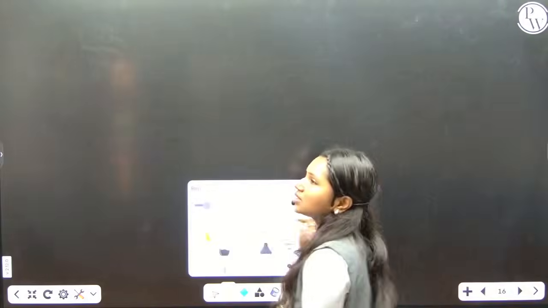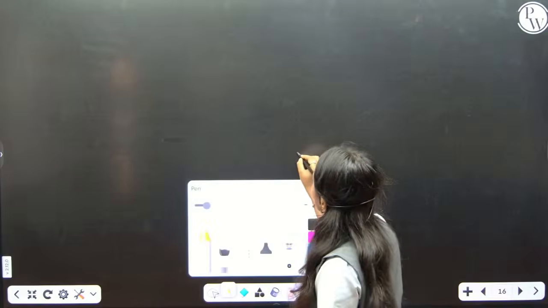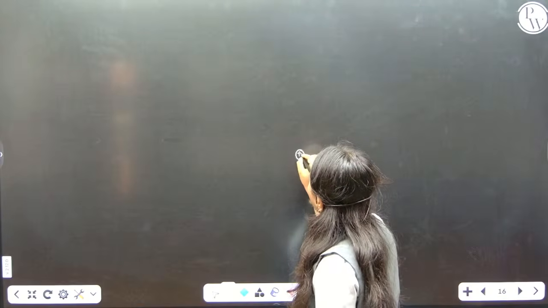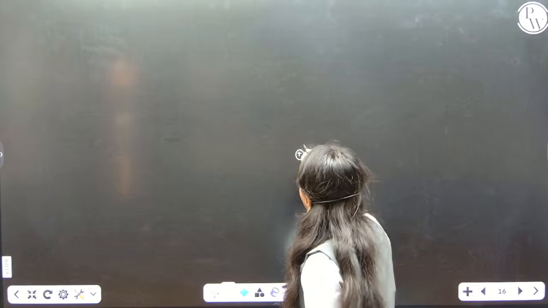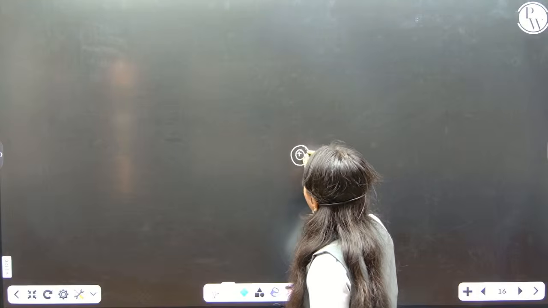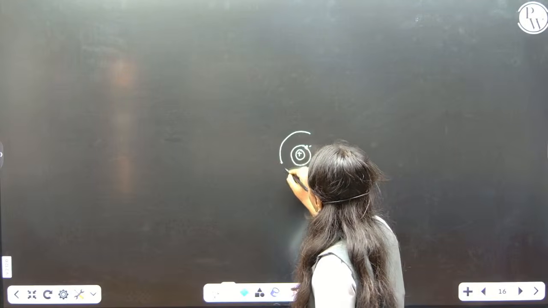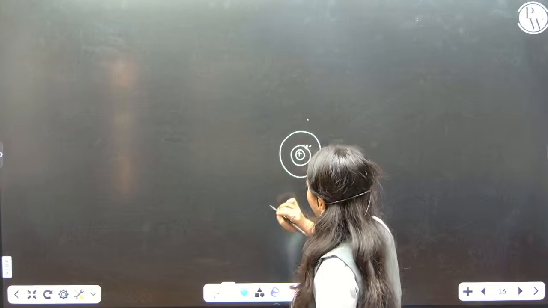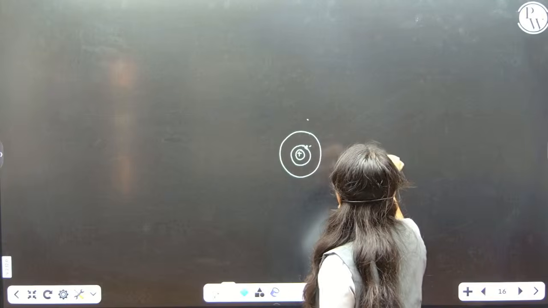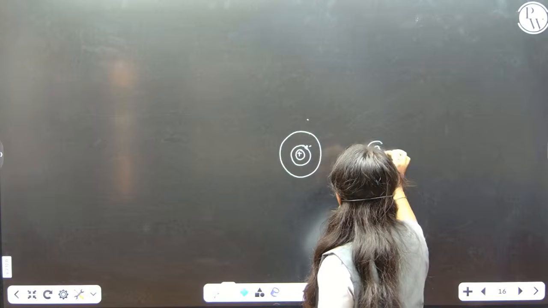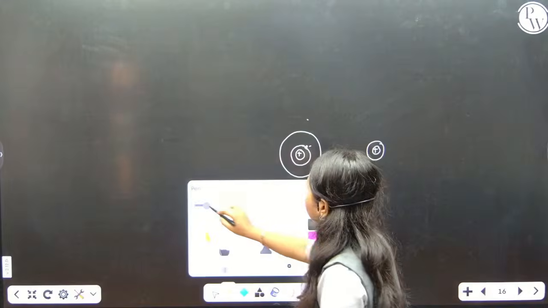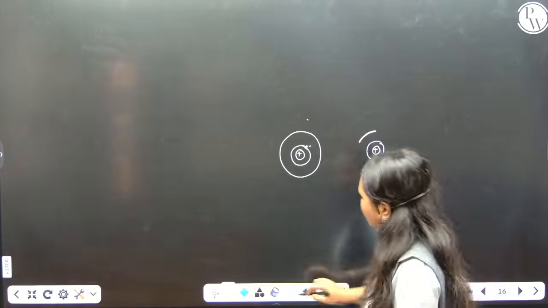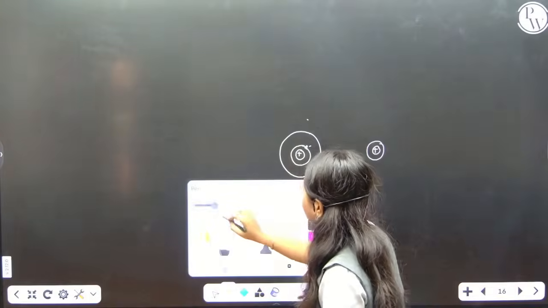What actually happens? You have an atom, then an electron is present here, right? Then you have another atom. I am explaining the concept of inert pair effect.